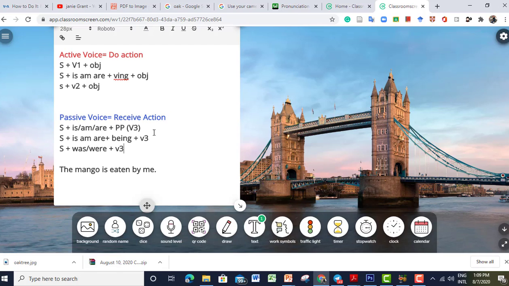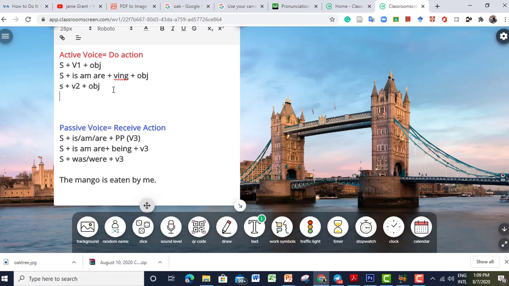Okay. What about the continuous tense? We use subject plus was or were plus verb 1 ing, or present participle, and plus the object.